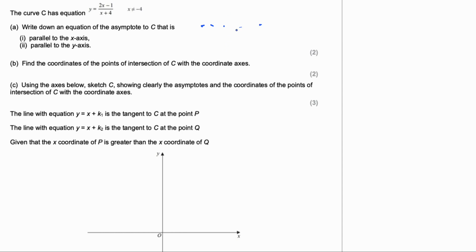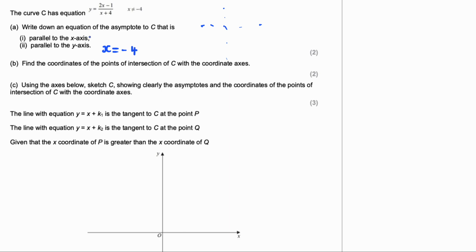So that means what value of y will not work, and for parallel to the y-axis, what value of x will not work. So what we're doing is looking at what value makes the denominator 0. If you look at the denominator x plus 4, to make that 0 we need x equals minus 4, so that's the second one.